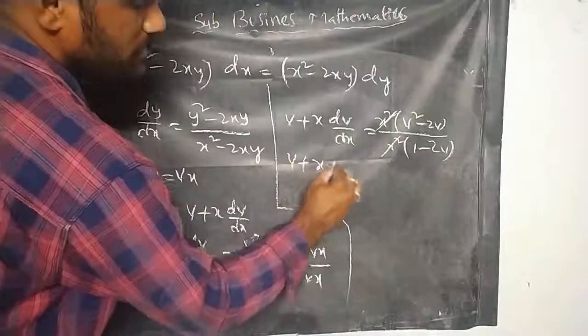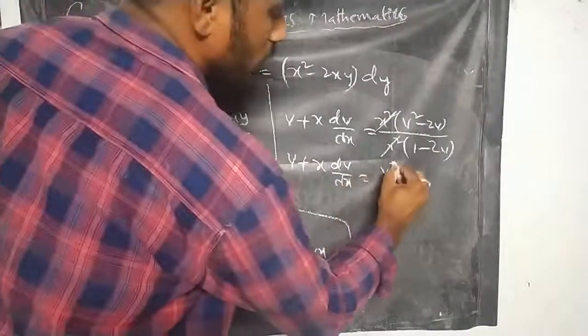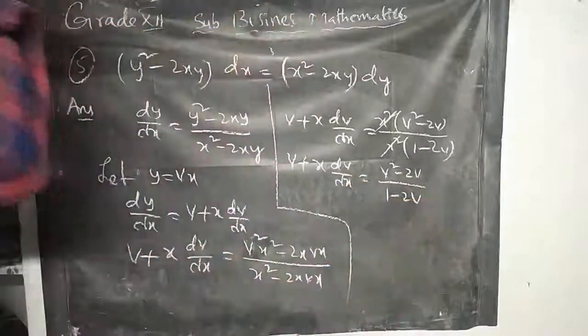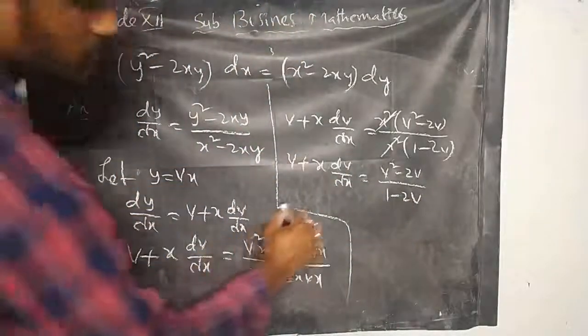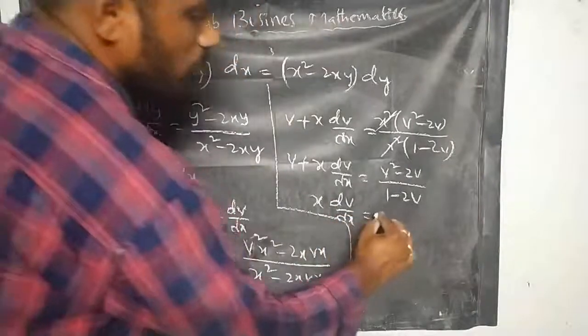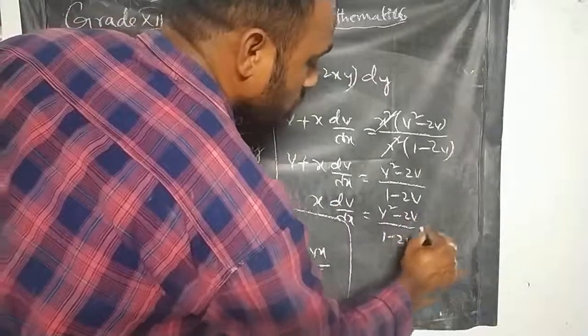So v plus x dv by dx is equals to v square minus 2v by 1 minus 2v. So let me transpose v to other side. So x dv by dx is equals to v square minus 2v by 1 minus 2v minus v.